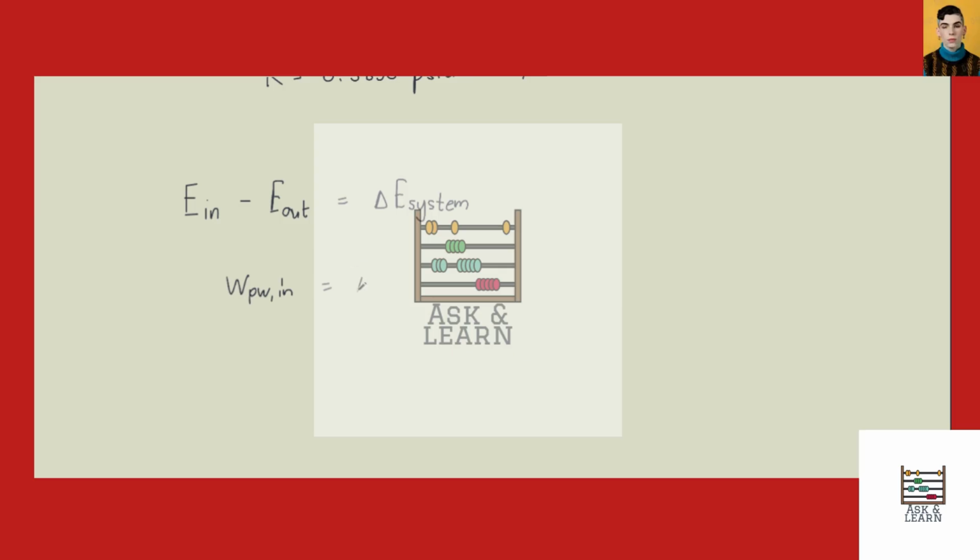And this is responsible for a change in internal energy of the system, delta U. Delta U can be written as m times C_v, the specific heat capacity for nitrogen, times the change in temperature, T2 minus T1. Remember, kinetic and potential energy contributions are zero.